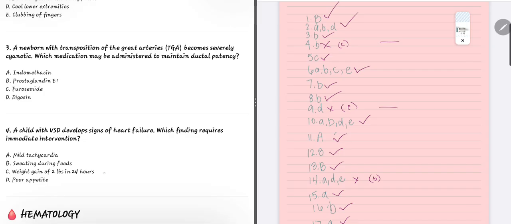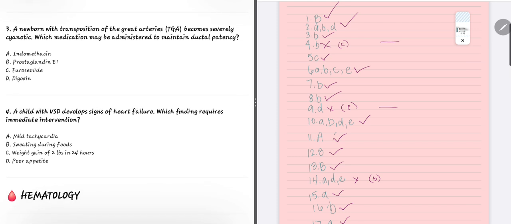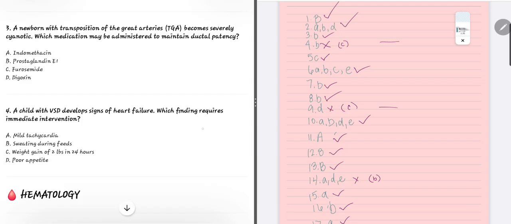Okay. I knew that that was an issue, but I don't know why I chose the other one, but whatever. Okay, so we know weight gain is the immediate intervention.